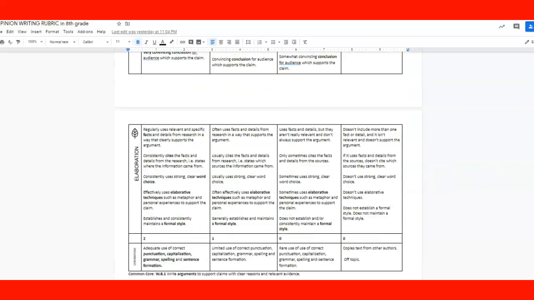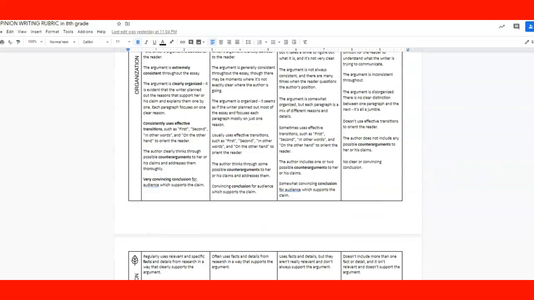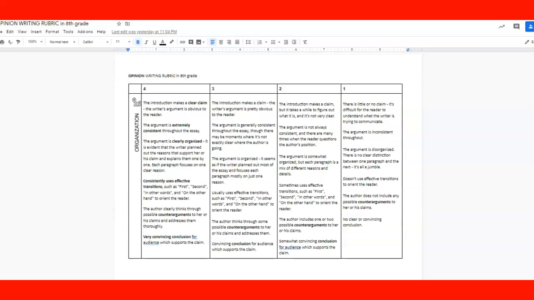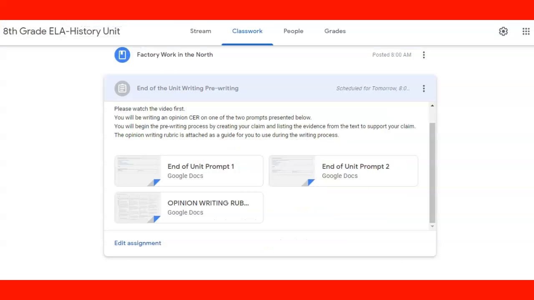Go over the rubric as you're writing. Keep it handy. Keep this window open so you can flip back and forth as you're going through the writing process. Since today is writing day number 1, do not stress out about beginning to write your draft. You will have time for that tomorrow.